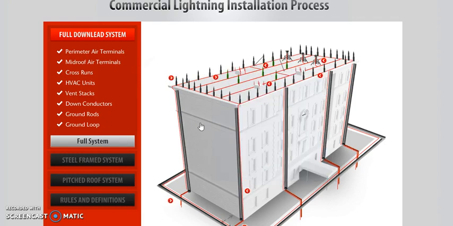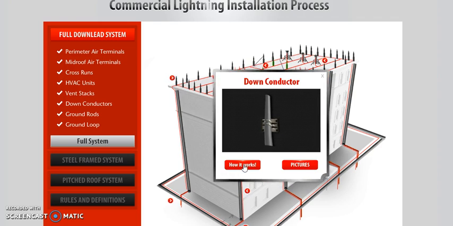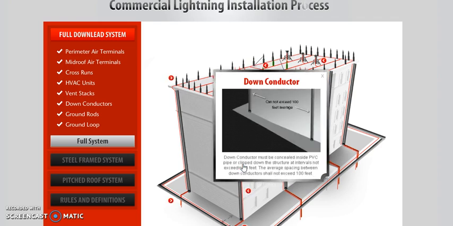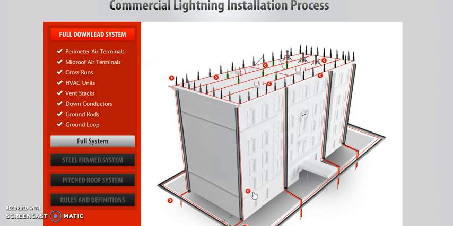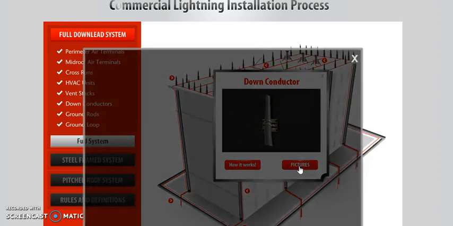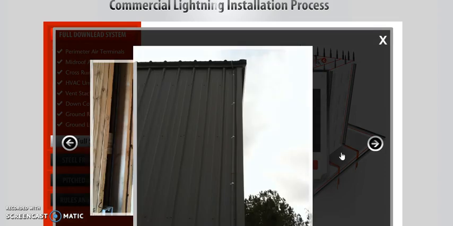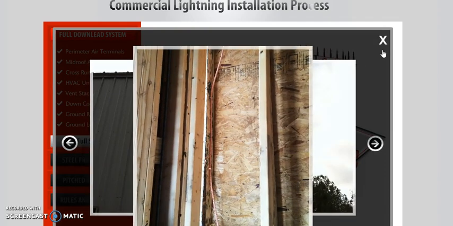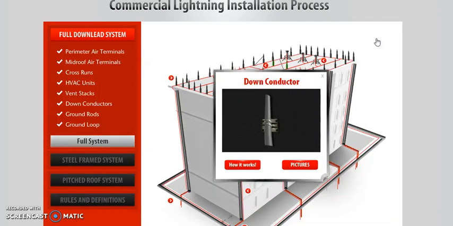All right, so it's kind of the same idea here. Let's check out the down conductors here. You can click on this. You can view how it works. Same thing with the pictures, just to give you guys an idea. Ground rods.